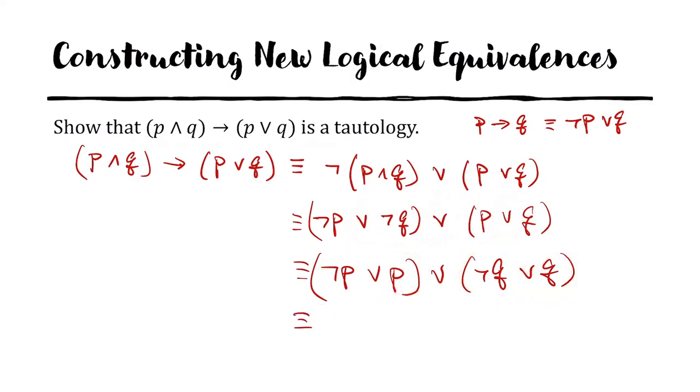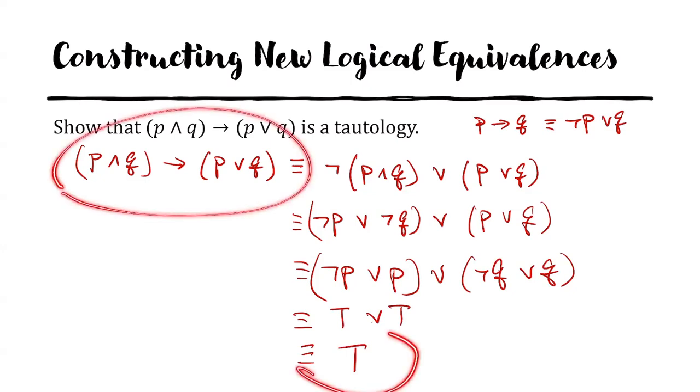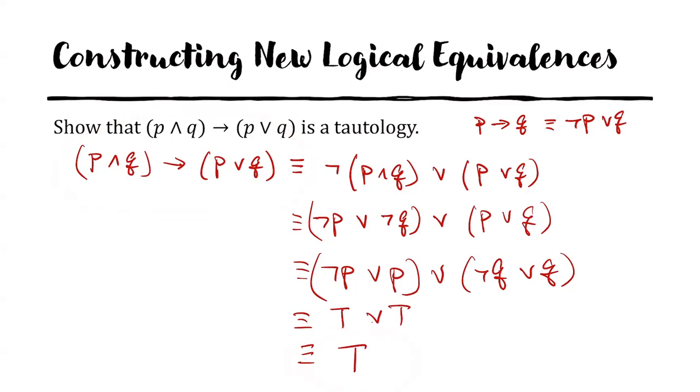Now we have not P or P. This is always true, right? Since P is either true or false, one of them will be true. Or we have not Q or Q. So we have a true value or a true value. Your proposition will always be true. So this shows that our statement will end up being a true statement no matter what our choice of value for the propositions P and Q.